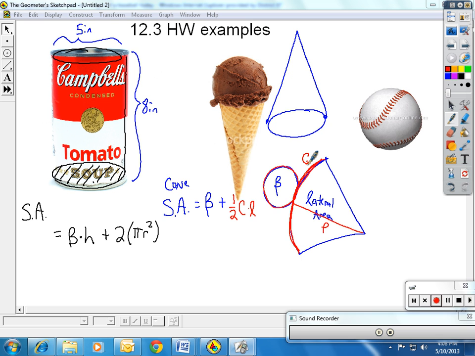So again, looking at my cone as it's drawn here, this distance is my circumference C. We know that to be my radius r. This distance that drops right down the center, that distance there is the height of the cone, and that is different than this distance here, slides down the side, which we call L for slant height.